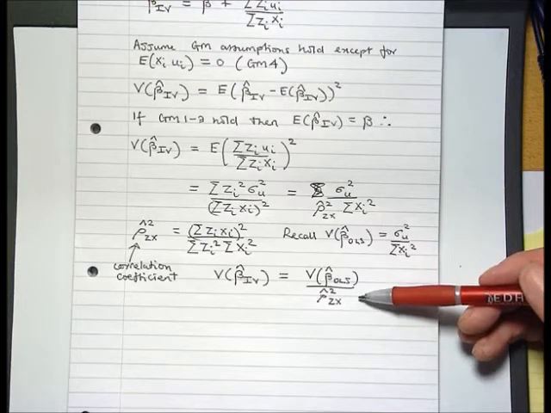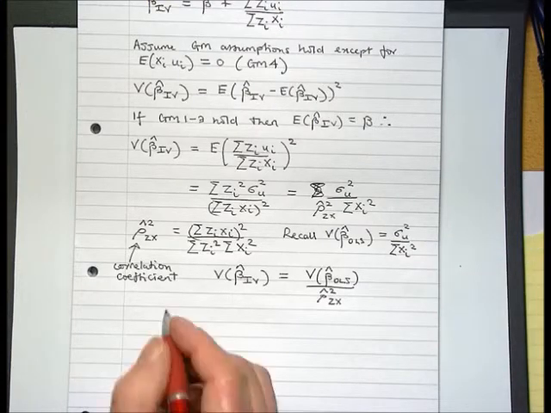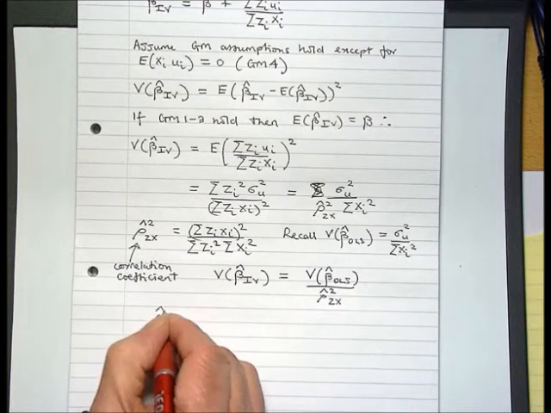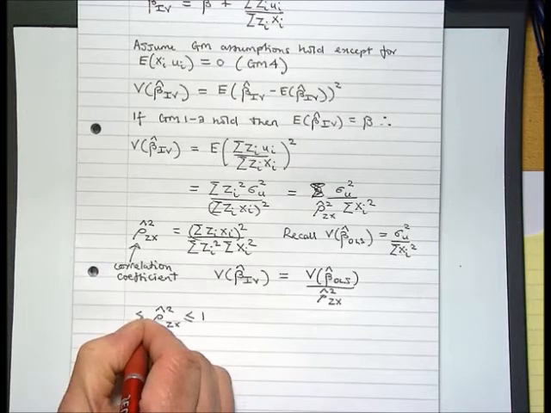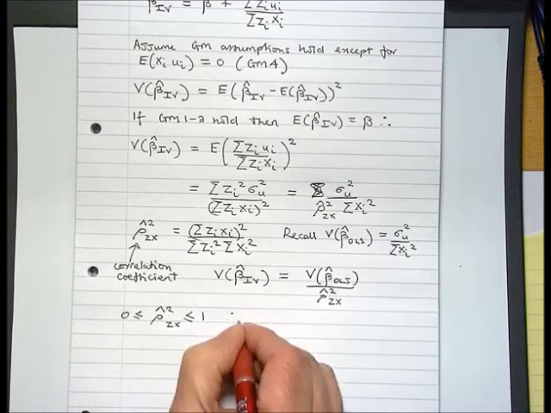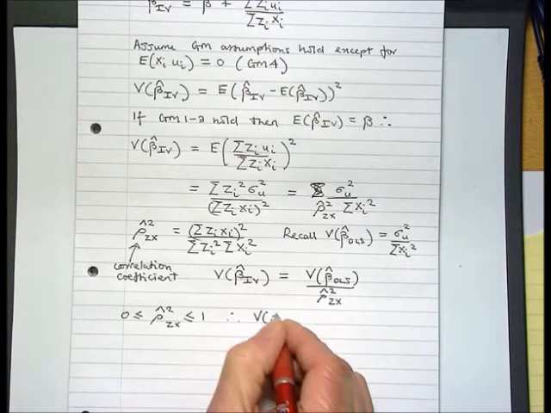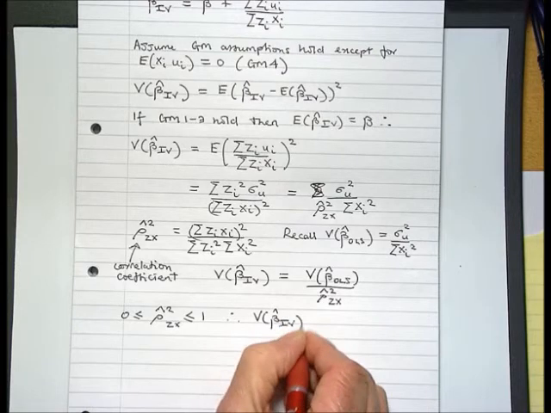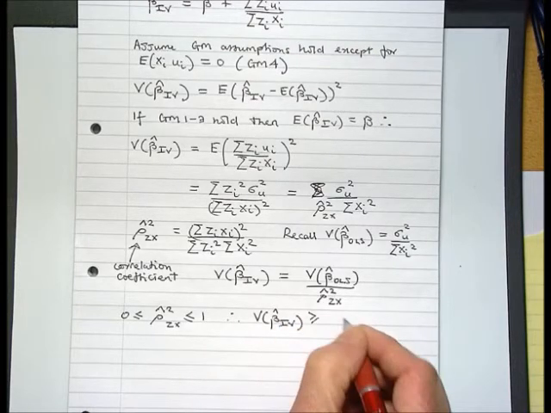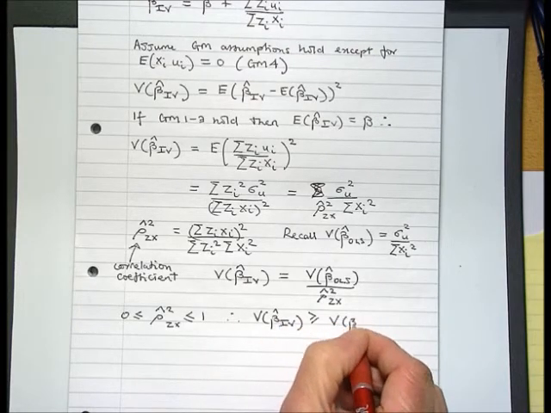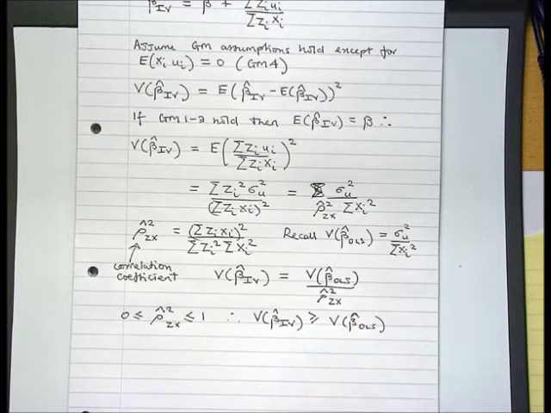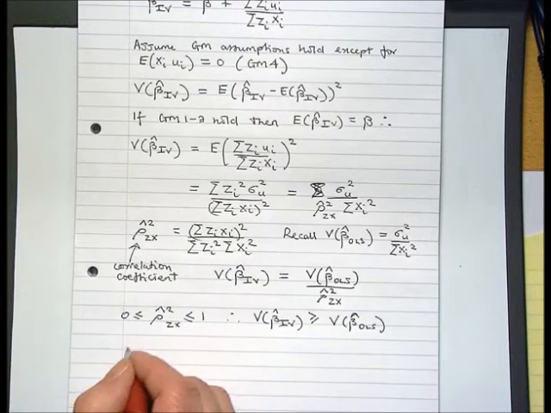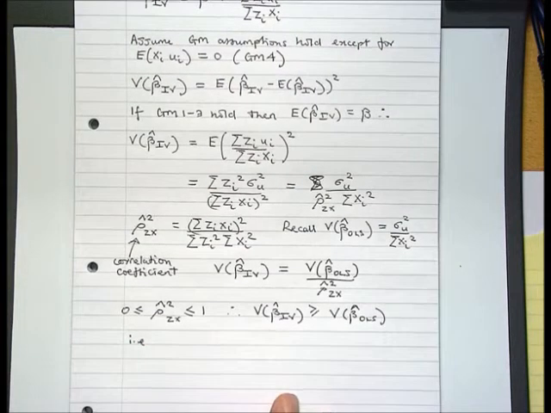In other words, divided by a number that must lie between 0 and 1. Okay? So rho hat squared zx must lie in the interval 0 to 1, and therefore the variance of the instrumental variable estimator must always be greater than or equal to the variance of the OLS estimator. It can never be less than the variance of the OLS estimator.